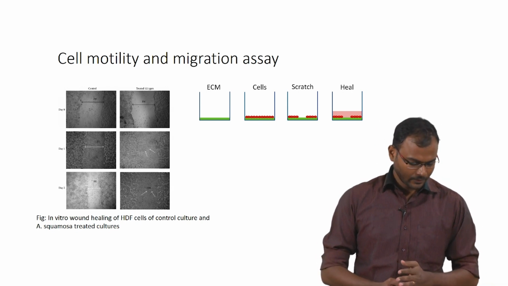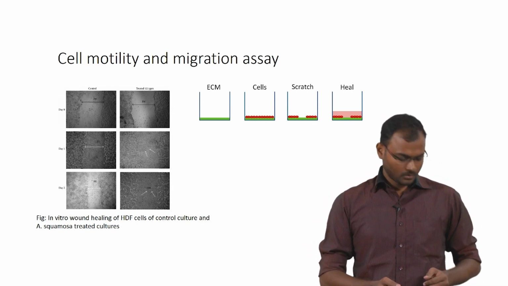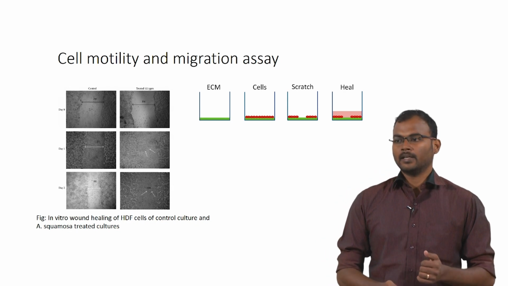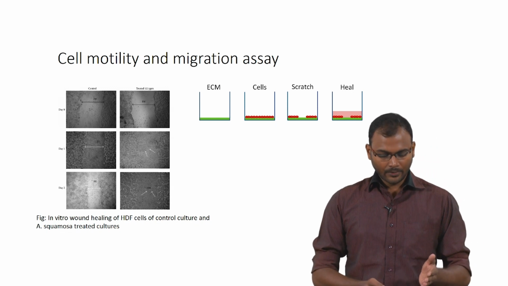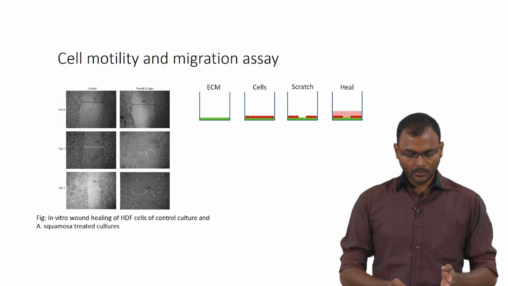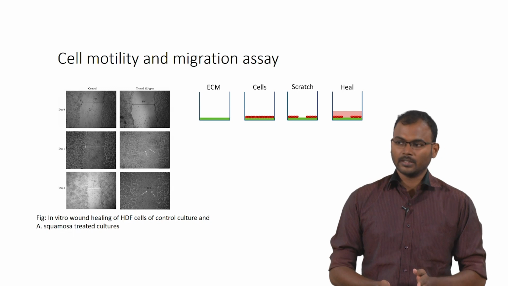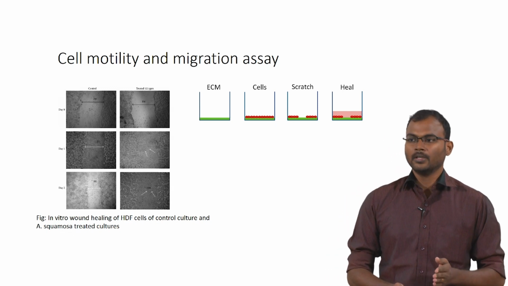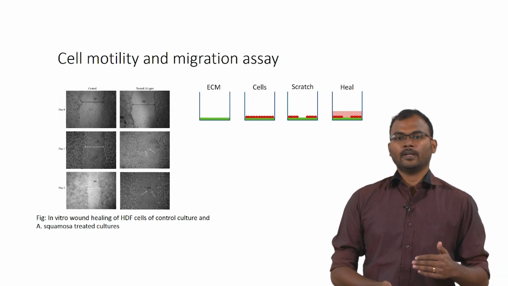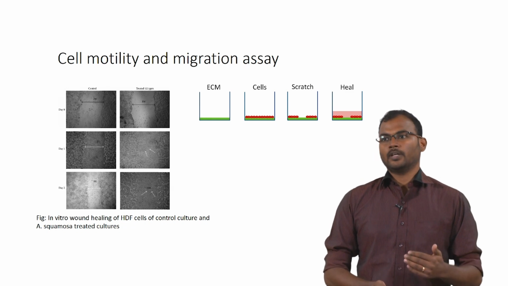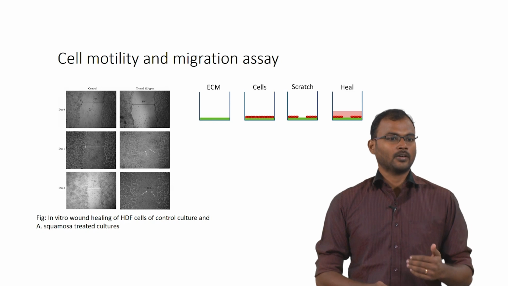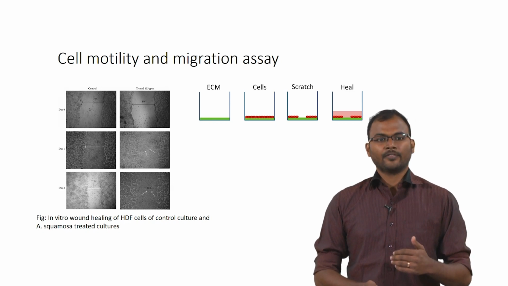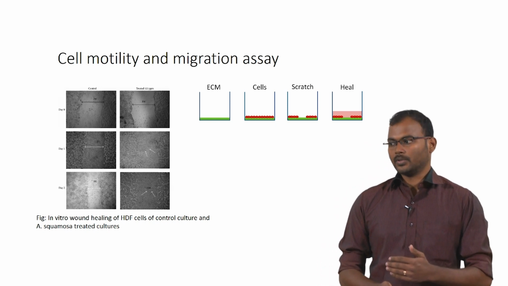On the right hand side they have used Annona squamosa extract, which is an extract of custard apple leaves. As you can see, the wound has been closed within 2 days. So it has a wound healing property. By this you can identify how fast your wound can be healed using different concentrations and different compositions of the compound.